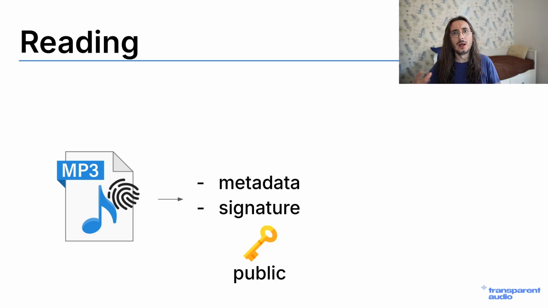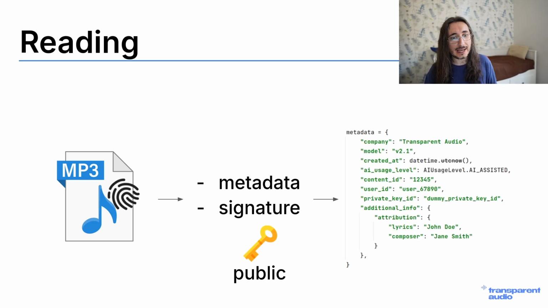Now we take our public key and we use it to check whether or not the signature is valid. If everything checks out, then we extract the metadata and we are sure that this is the original metadata and there hasn't been any modification.